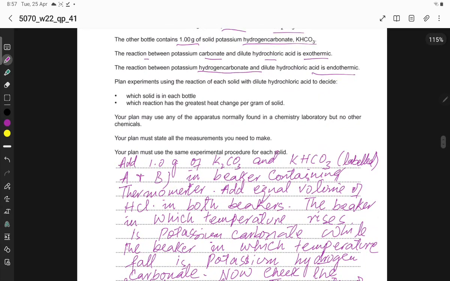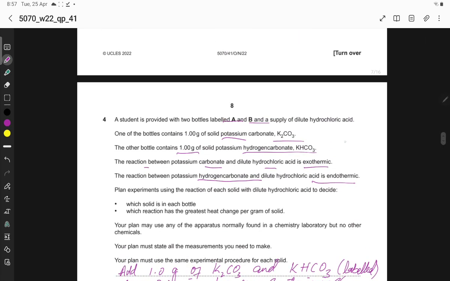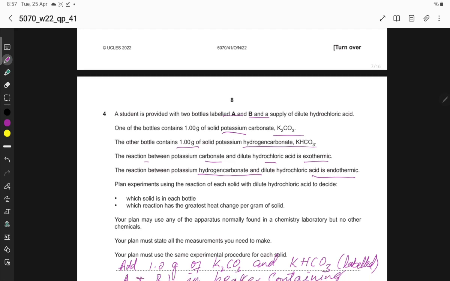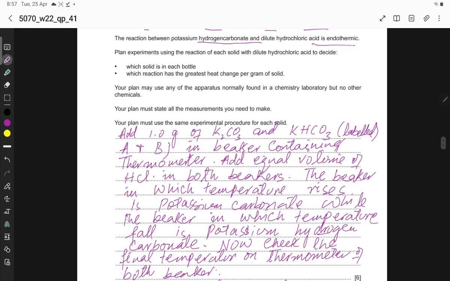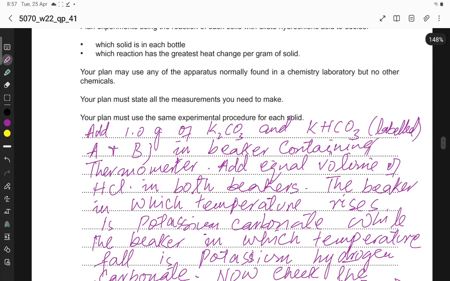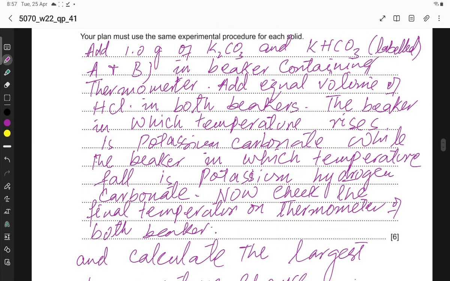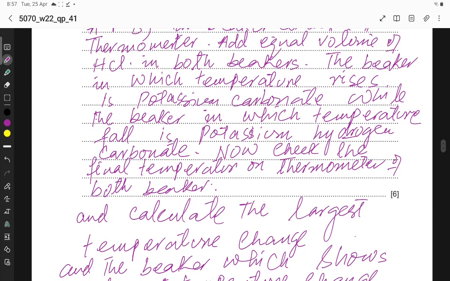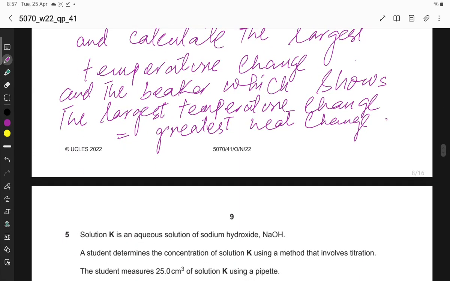So we know that the reaction of potassium carbonate with HCl is exothermic and the other is endothermic. So the bottle in which the temperature rises contains potassium carbonate, and the one in which the temperature falls is potassium hydrogen carbonate.